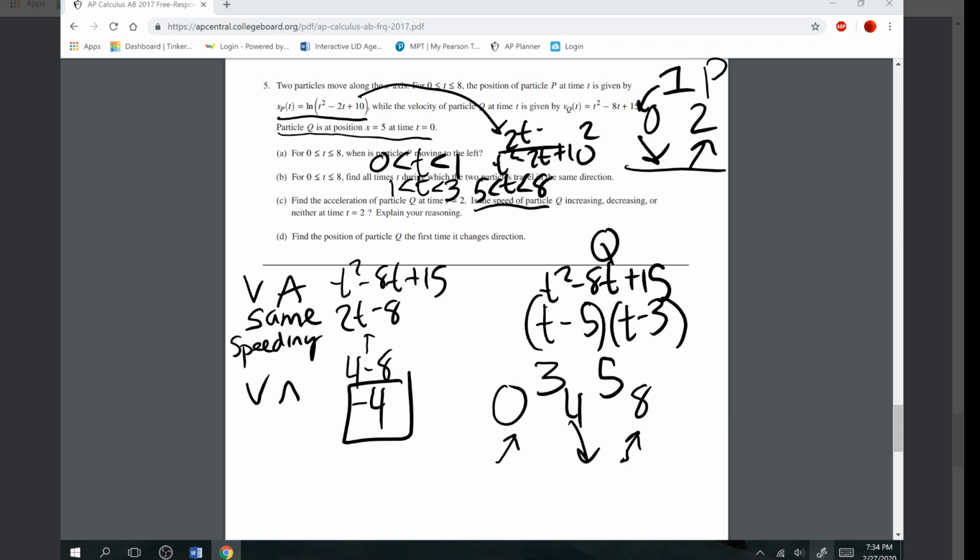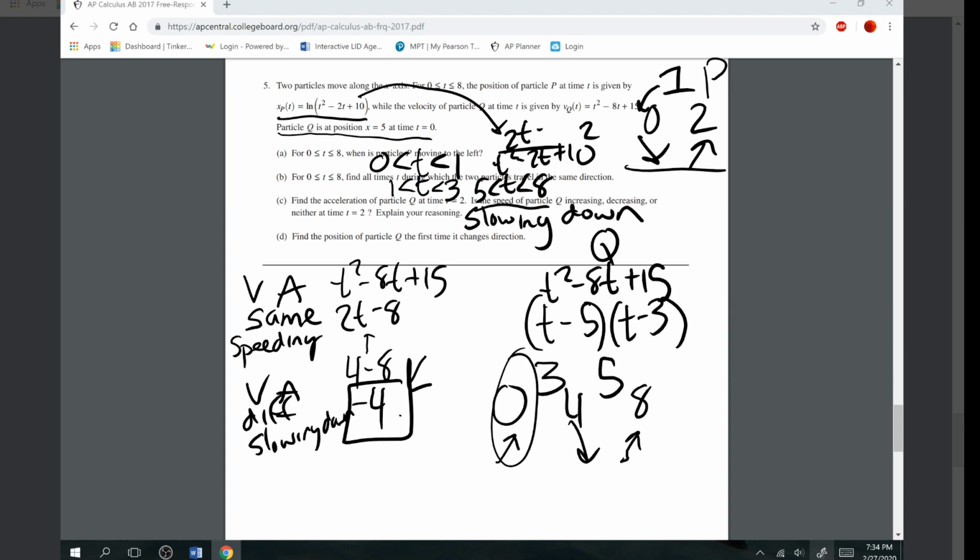If velocity and acceleration have a different sign, we're slowing down. So all I have to do is look at 2, and 2 happens before 3, so our velocity is positive. Our acceleration was negative, so we are slowing down. Even though our velocity is positive, we are slowing down because it has a different sign than our acceleration.